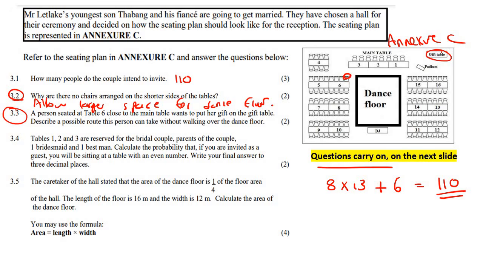So they could get up and they could just walk past the dance floor towards the podium. So walk alongside, so they're not walking on the dance floor, towards the podium.